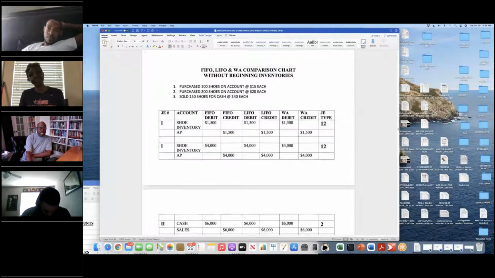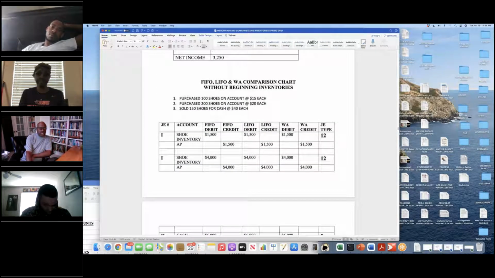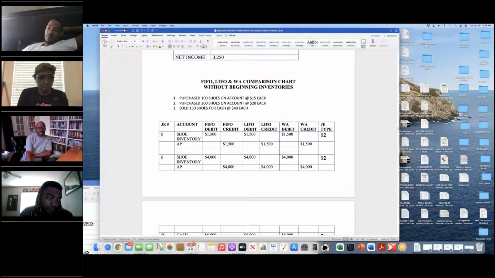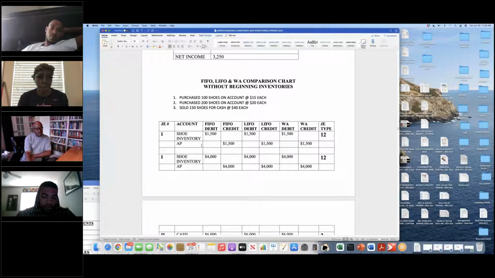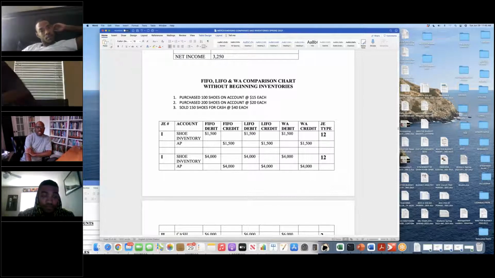Now, as we look at this example on the FIFO, LIFO, and weighted average, notice the journal entries. Number one, the buy: the inventory stays the same under all three methods. So this is why I set the journal up this way. Once you got it on the FIFO, you got it on the LIFO and weighted average too.